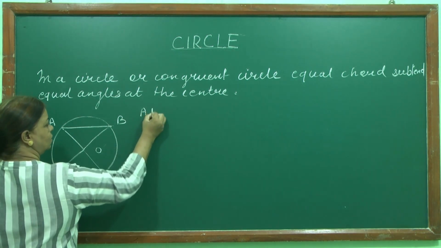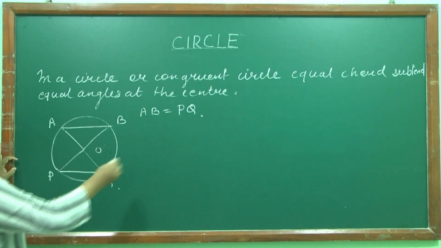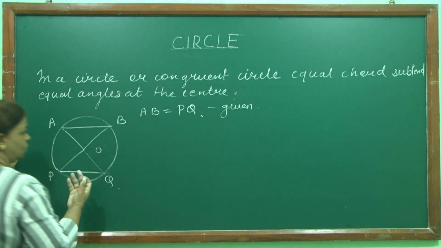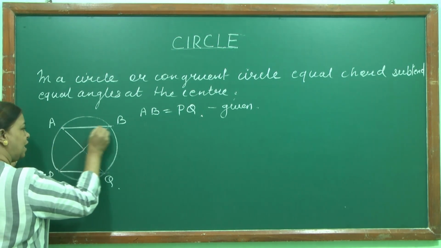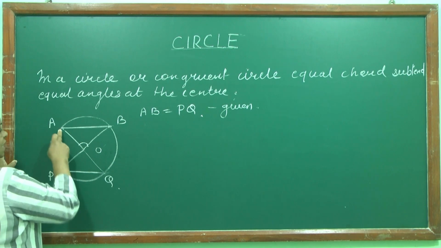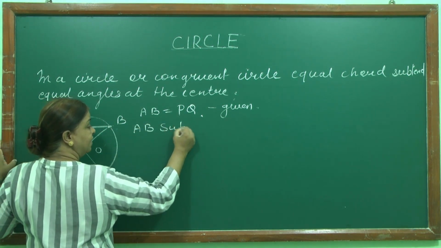If I join it, AB is equal to PQ, given. Now what happens? AB will subtend an angle at the center, that is AOB.